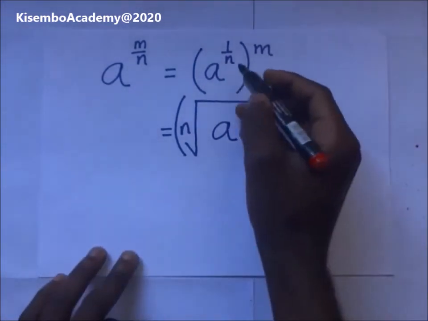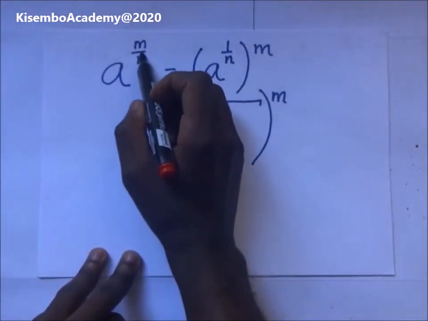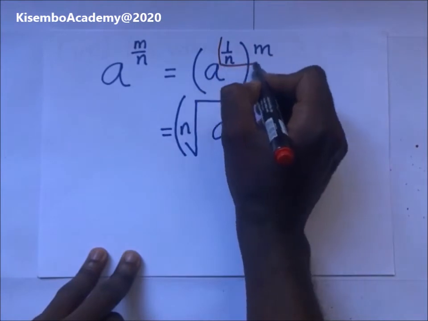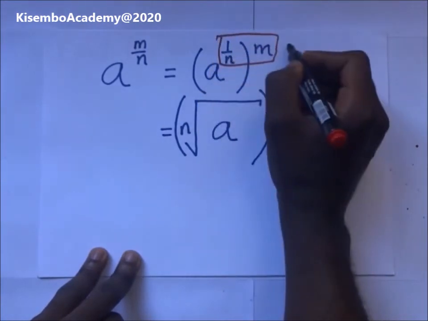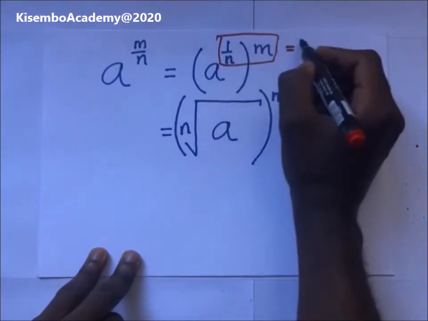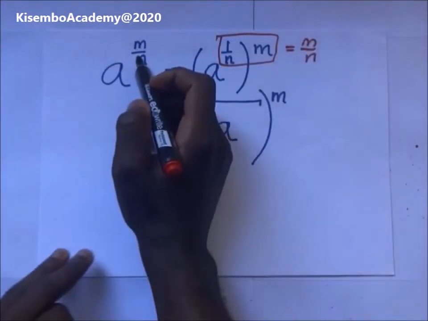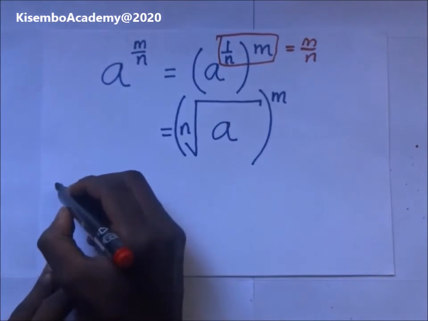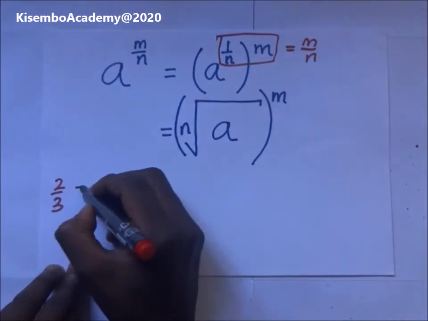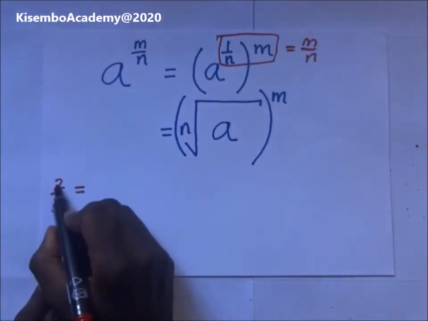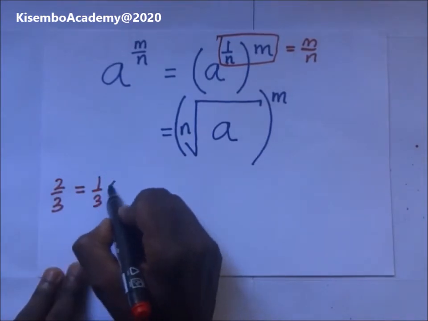In other words, 1 over n times m is actually m over n, which brings us back to this. It's like when they give you 2/3. 2/3 is the same as saying 1 over 3 times 2.